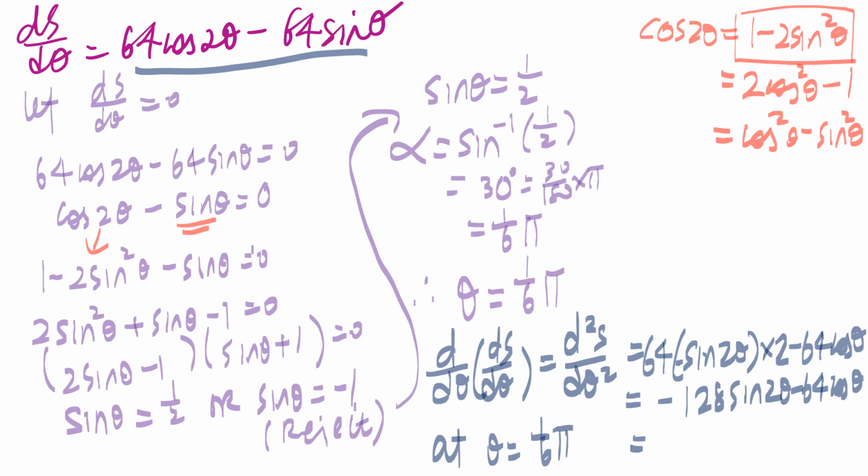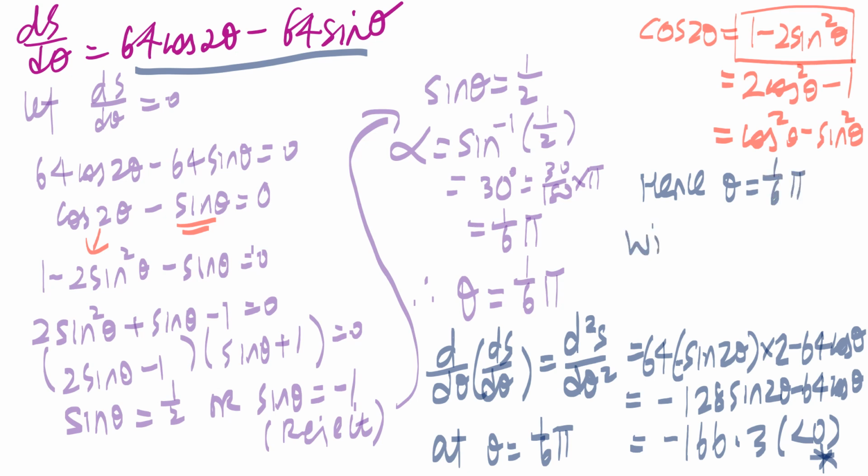You will get negative 166.3, and negative 166.3 is less than 0. So hence theta equals 1 over 6 pi will give s a maximum value.